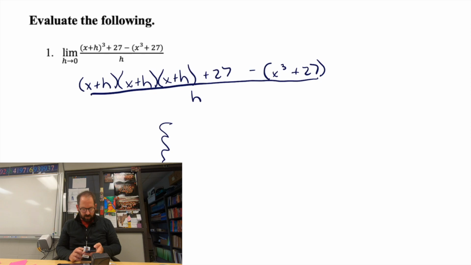It will spit out (x plus h) to the power of 3. Done.